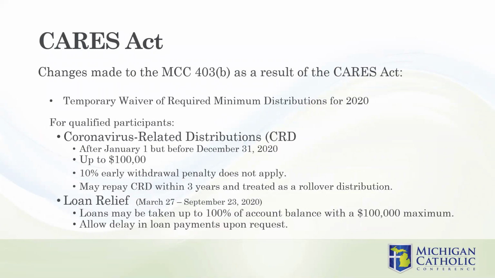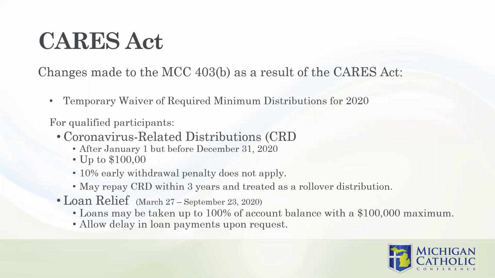So I've given you some parameters about loans and distributions. Well, some of that changed because of the CARES Act in response to COVID and everything that we're dealing with. So there are some temporary rule changes for the required minimum distributions, which were waived for 2020.